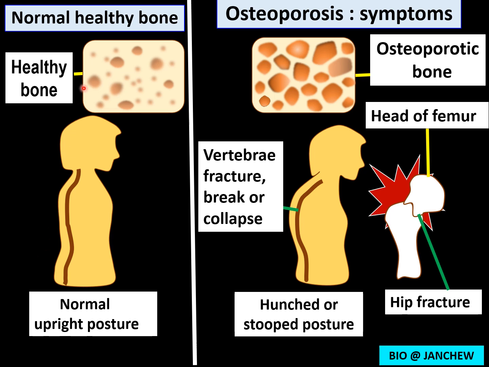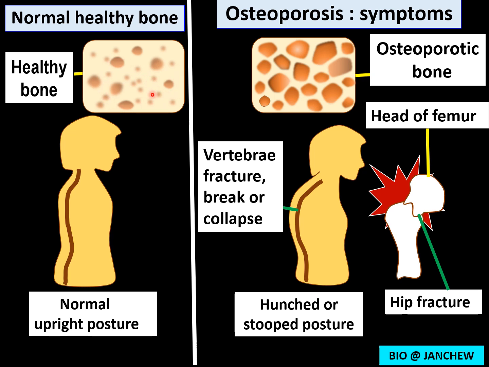Let's look at some pictures that show the symptoms of osteoporosis. In this part on the right, we can see the healthy bone tissue. And if you look at healthy bone tissue, there are some pores and tiny holes in it.